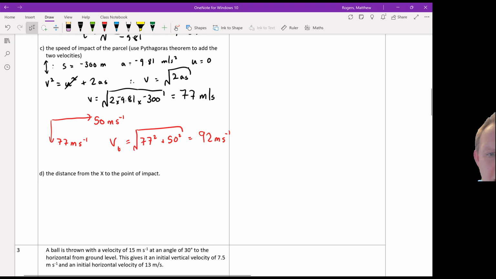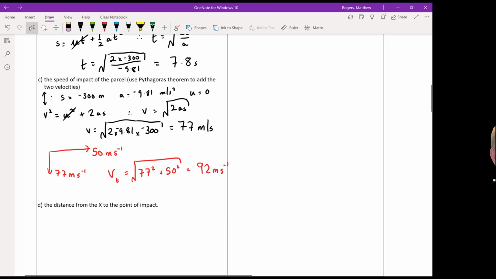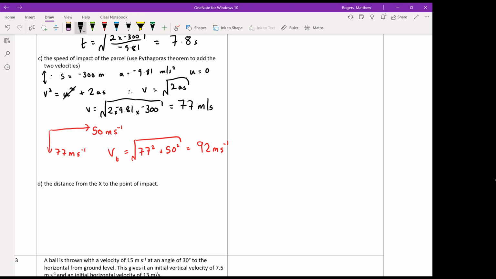The distance from X to the point of impact. So this follows from part B. In part B, we found the time of flight. So in part D, we're just going to look at the horizontal information. We know the time of flight we calculated was 7.8 seconds. We know the acceleration in the horizontal direction is 0 meters per second squared, and the initial speed was 50 meters per second.